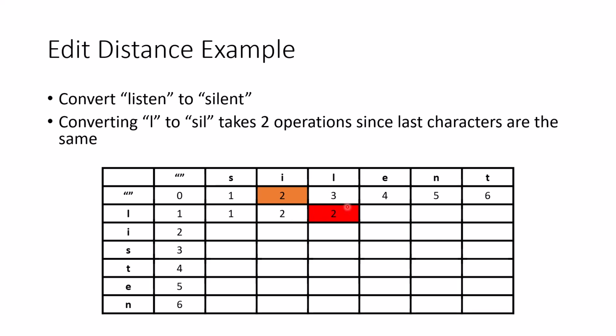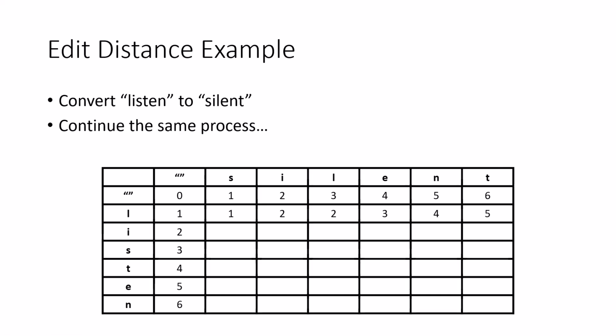The Levenshtein distance is just going to be the same as the distance of the first A minus 1 characters, which is just going to be nothing, to the first B minus 1 characters of SIL, which is Si, and which happens to be 2. So this value is just going to copy the value from the top left of this table. So it's going to be 2. And then we continue the same process. You guys are probably getting the gist of it.